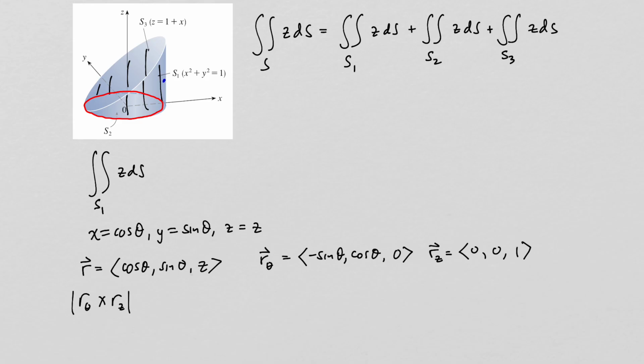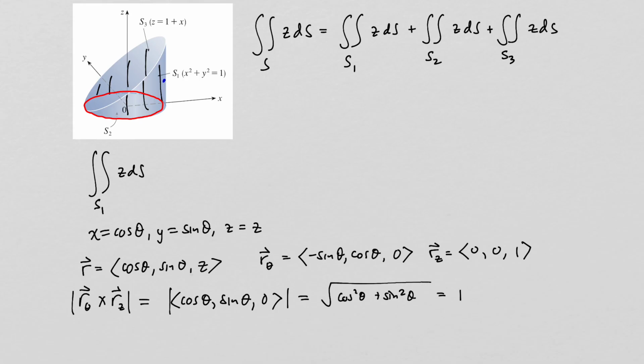Okay? So now if we take the cross product of this, we are going to get cosine of theta, sine of theta, and 0. So you can go ahead and find the cross product of these two vectors. And then we're going to take the magnitude of that cross product, which is simply going to be the square root of cosine squared theta plus sine squared theta, which is 1.